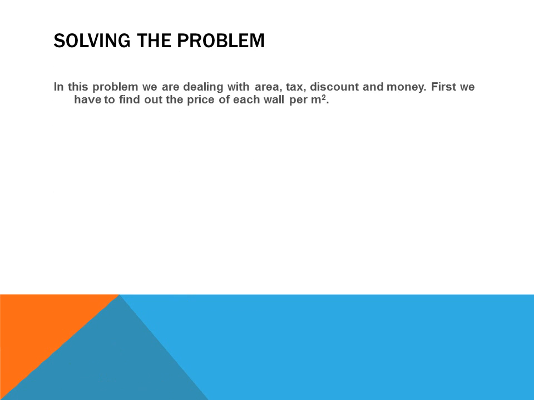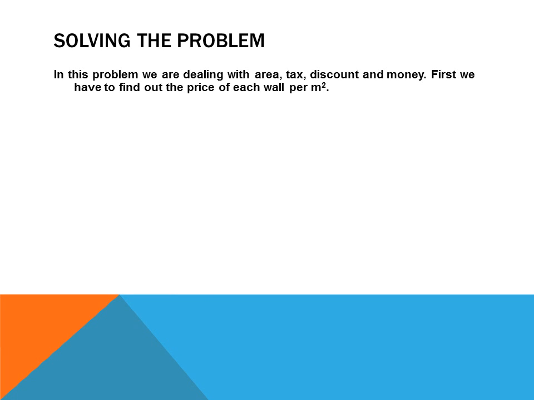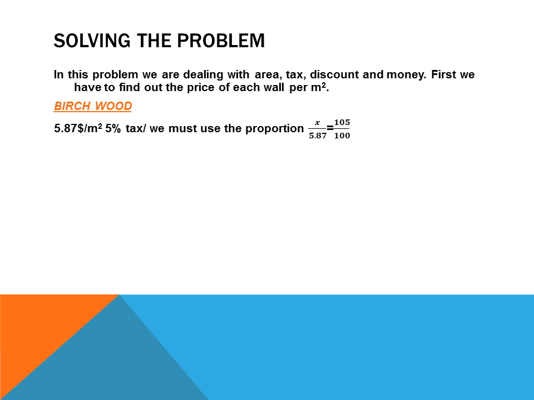Solving the problem. In this problem, we are dealing with area, tax, discount, and money. First, we have to find out the price of each wall per meter squared. Birchwood. So first we have the $5.87 per meter squared. There's a 5% tax. So we can use the proportion x over 5.87 equals 105 over 100.